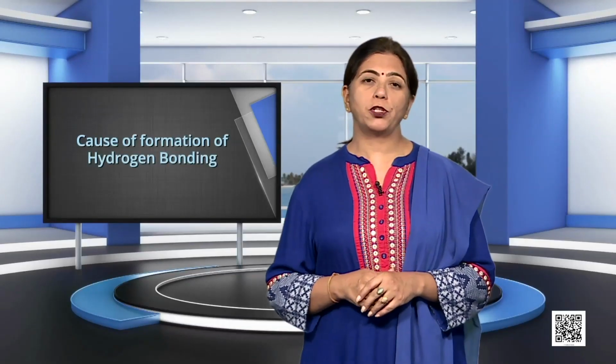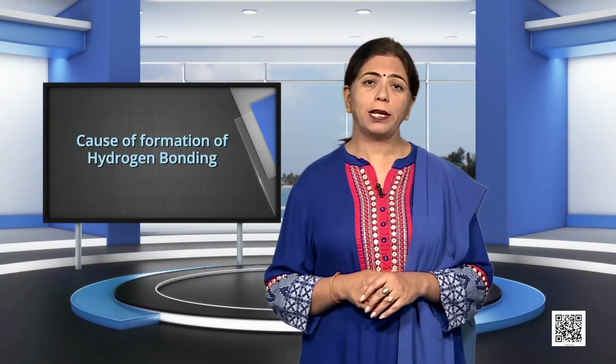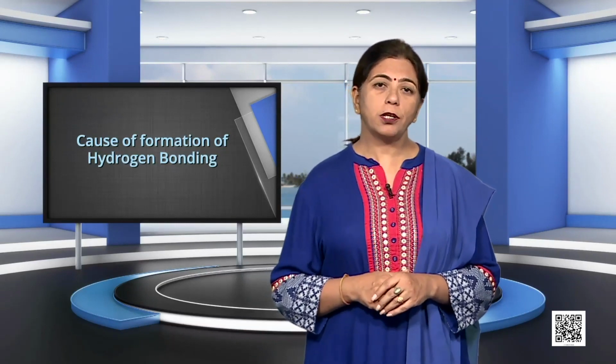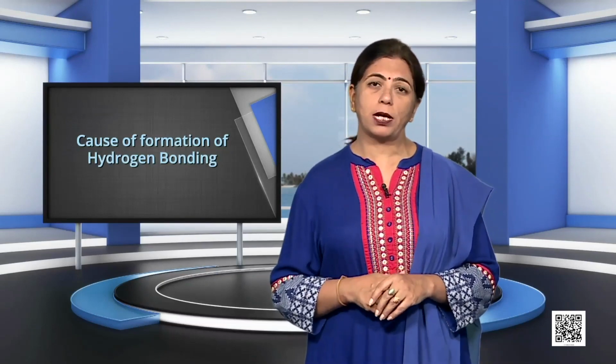The cause for the formation of hydrogen bonding. When hydrogen is bonded to a strongly electronegative element like X, the electron pair shared between the two atoms moves far away from the hydrogen atom.